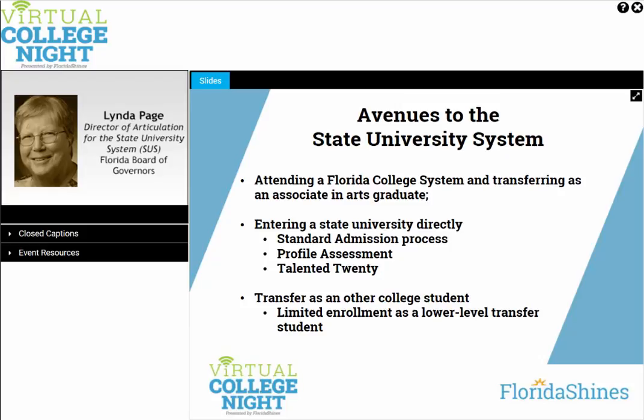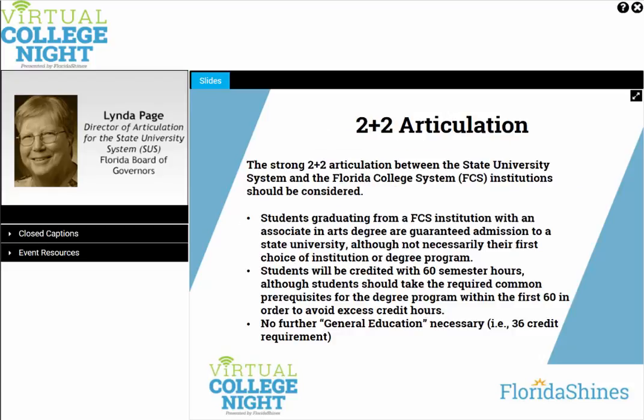Generally speaking, students enter state universities by attending a Florida College System institution and transferring as an Associate of Arts, or AA, graduate like Dr. Barrett had just spoken on, or by entering the university directly as a first-time-in-college student, or by transferring from another post-secondary institution or from the Florida College System without the AA.